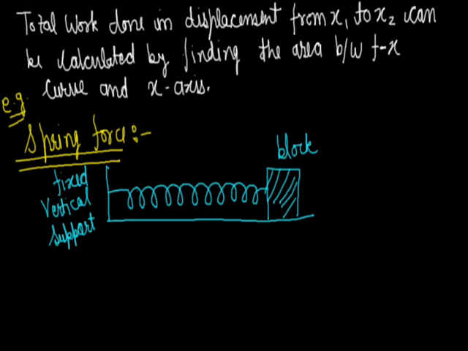Let x equals 0 denote its mean position in which the spring is at its natural length. Now, when we displace this block by a small distance x, a restoring force is applied by the spring on the block. The direction of the force F is always towards the mean position, which is x equals 0.